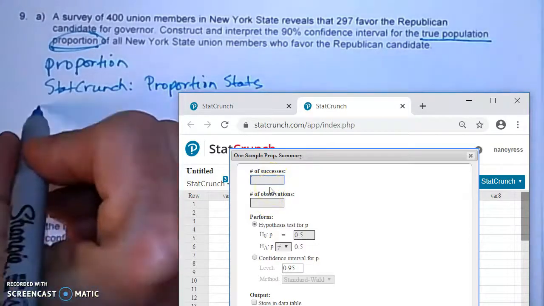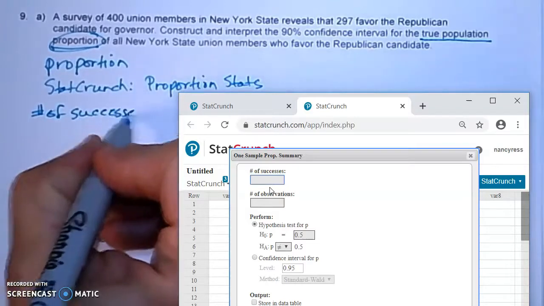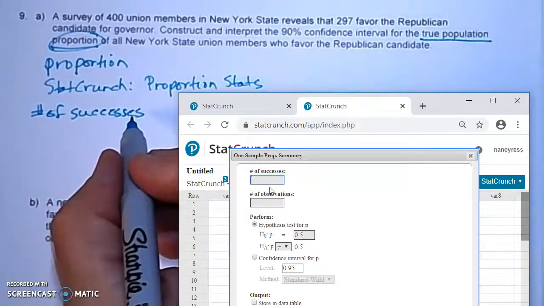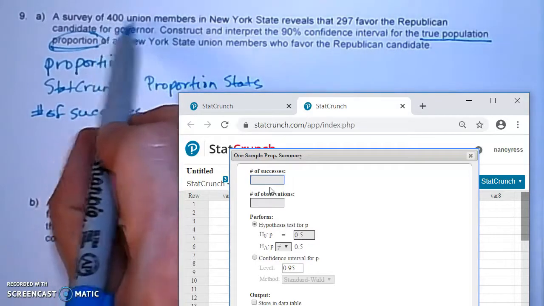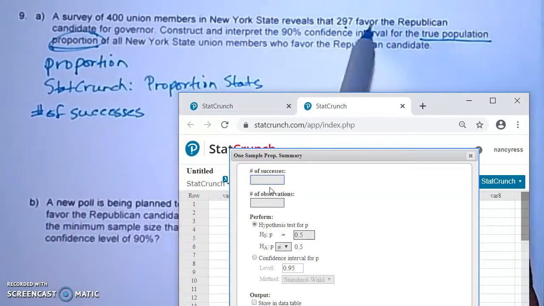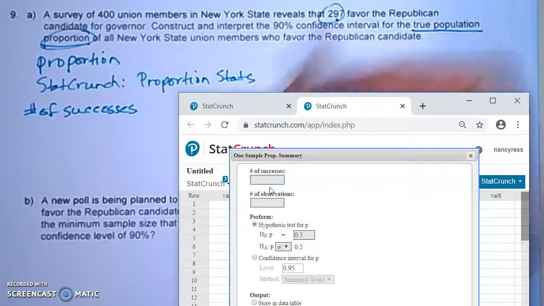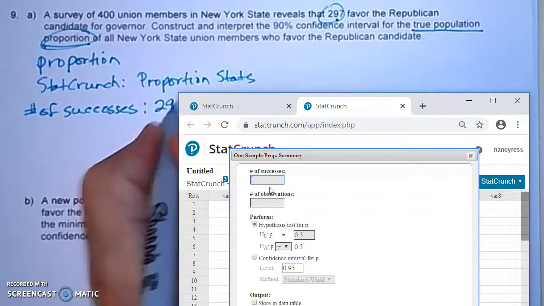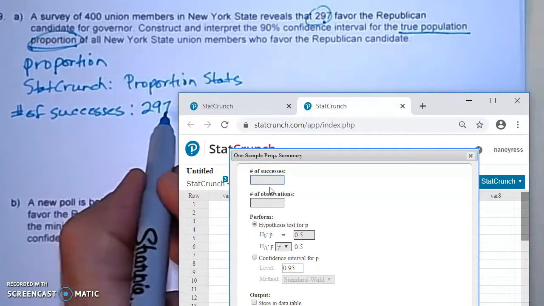What that means, for the number of successes, is that it's going to be a frequency, a number out of my sample. Up here where they said that 297 out of the 400 favor the Republican candidate, this is my number of successes. So this is always going to be just a number, not a percentage.